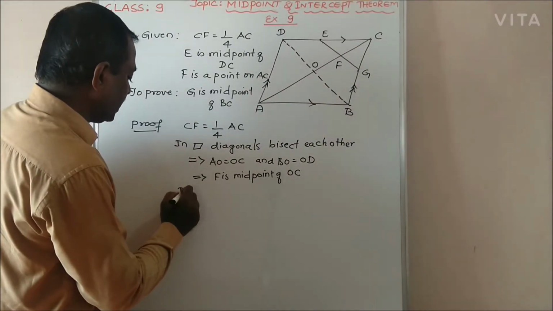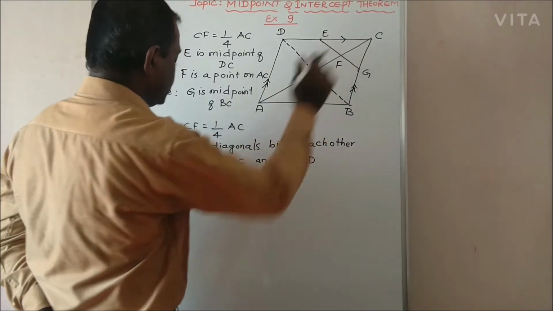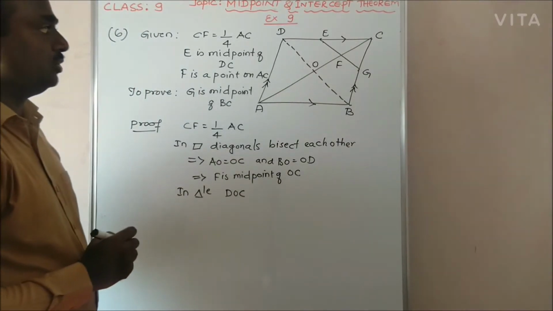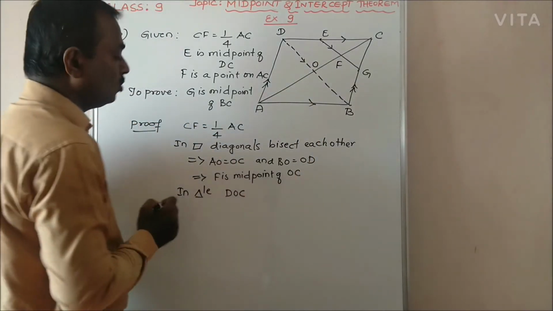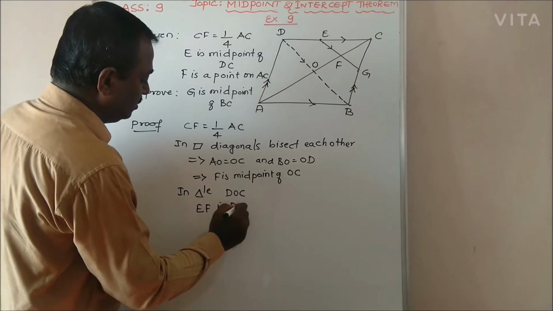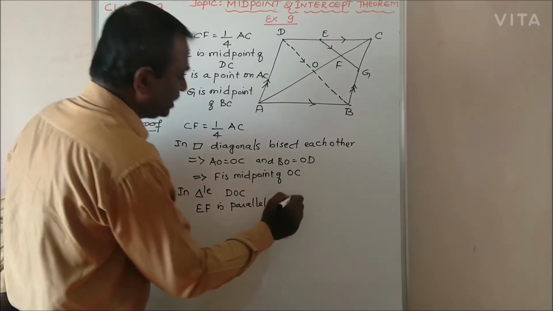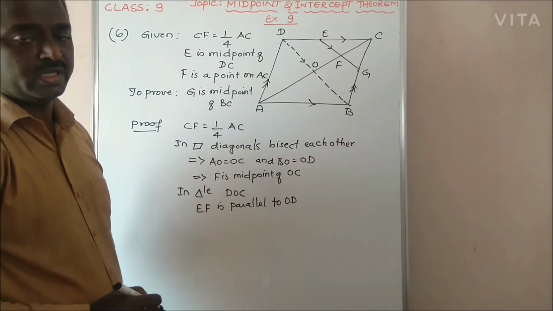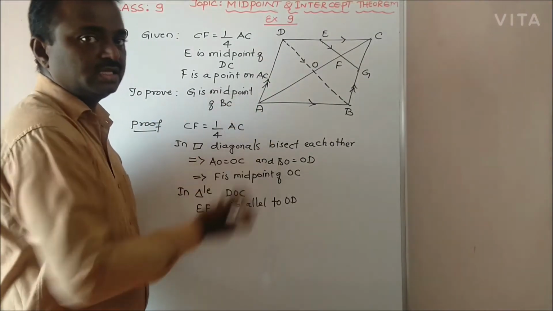Now in triangle DOC, EF is parallel to OD. Why am I saying that they are parallel? Because a line drawn from the midpoint of one side of a triangle is parallel to the other side and bisects the third side.